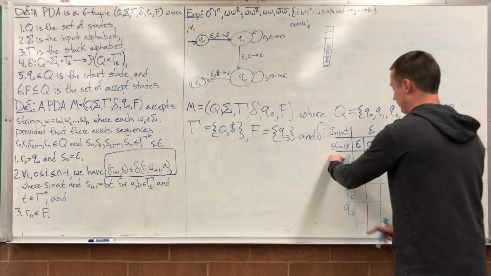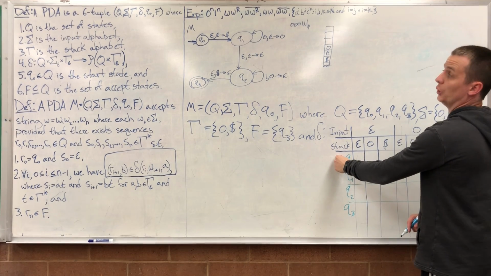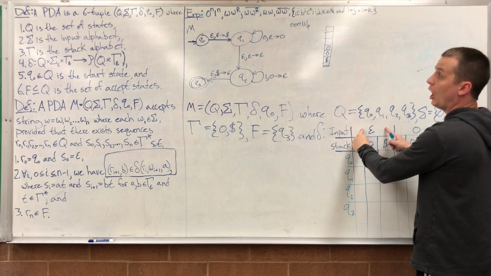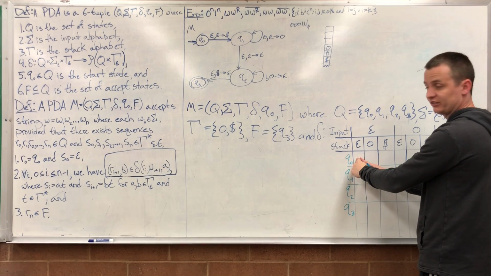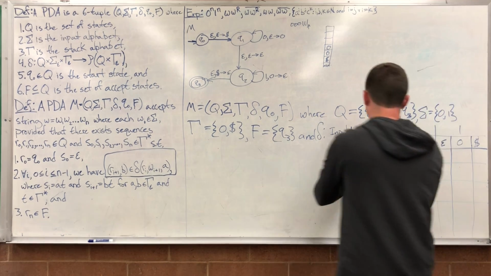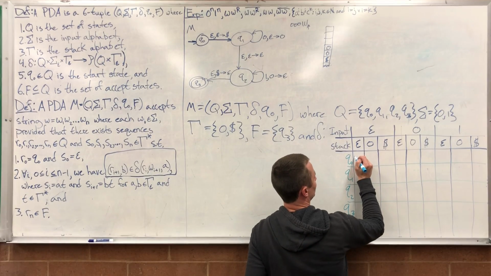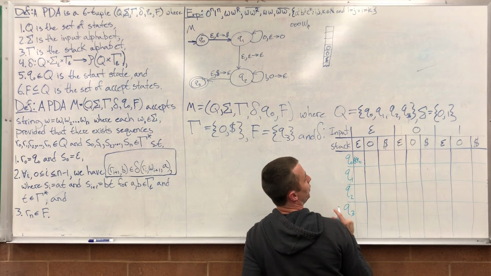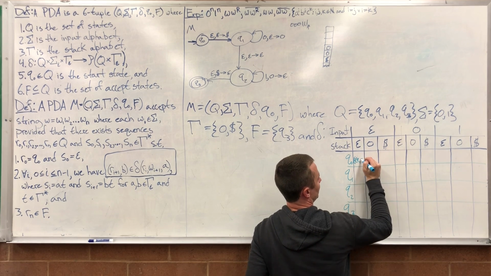So for this first transition, we're at Q0. We're reading as our input epsilon, and we are popping epsilon off the stack. And what are the possible places we can go? Turns out it's just one, so it's the set containing the place we can go to, Q1, pushing a $ sign on top of the stack.